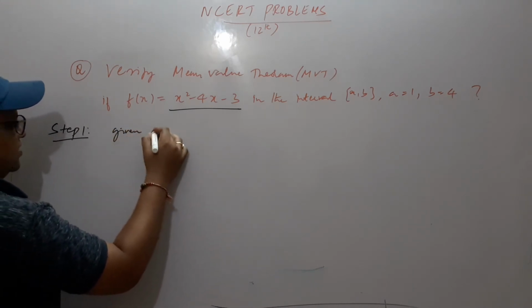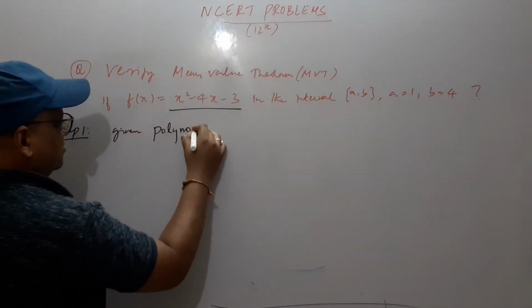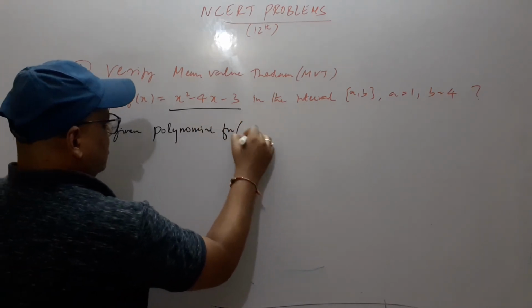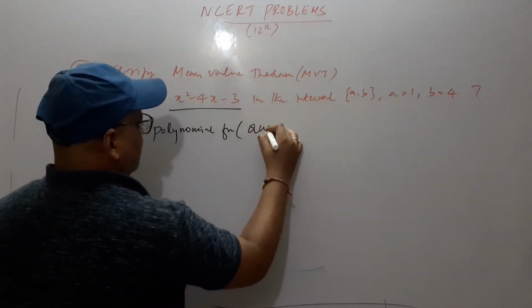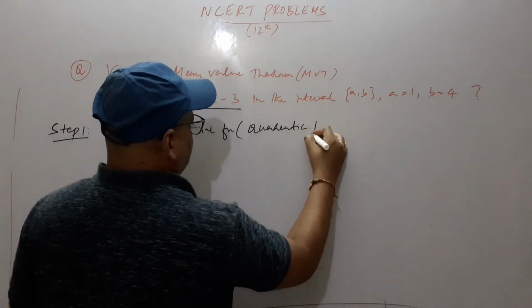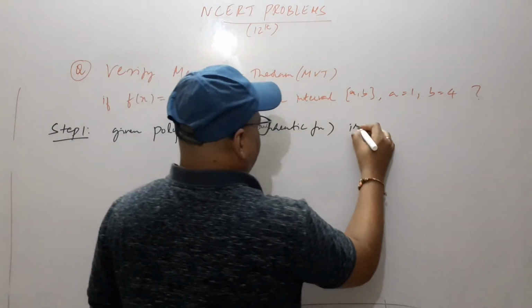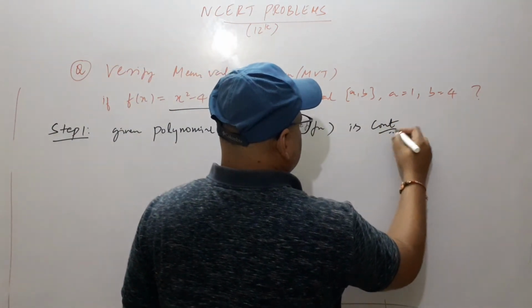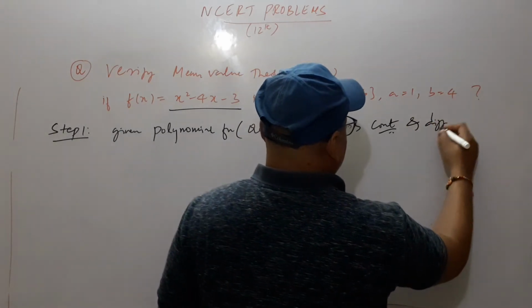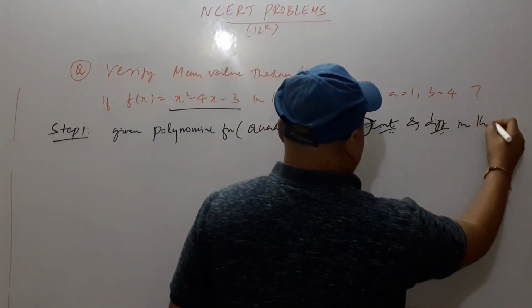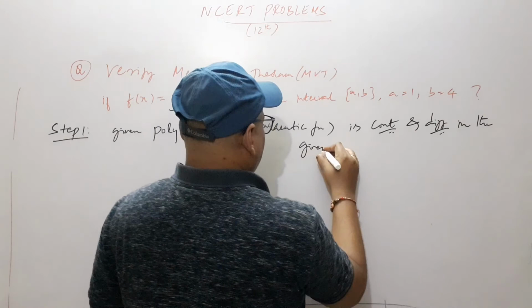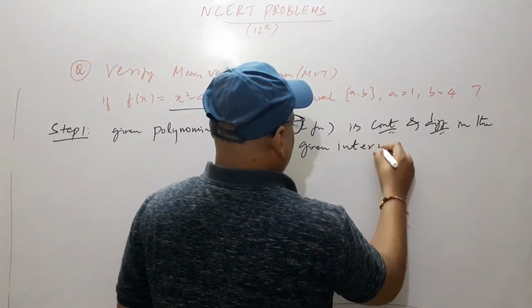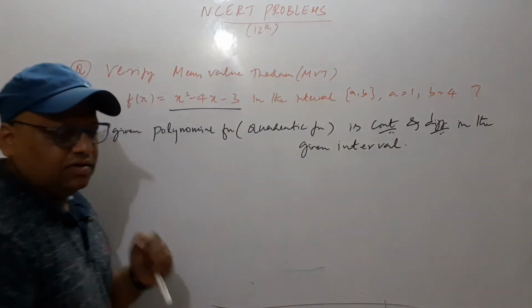Given polynomial function, in bracket quadratic function, is continuous and differentiable in the given interval. This is the number 1.